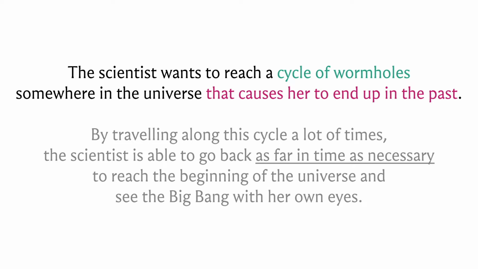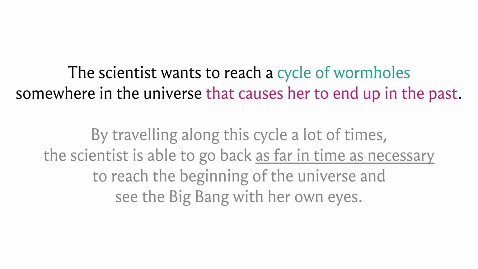Now, intuitively, by now, this is probably ringing some bells, and perhaps, well, since we are told that we're looking for a cycle of wormholes, it's probably not very far-fetched to imagine that we are looking for a cycle in our graph. And since we are told that this cycle of wormholes must have this property that it takes the scientist back in the past, we probably want to imagine that this cycle is some sort of a negative weight cycle.